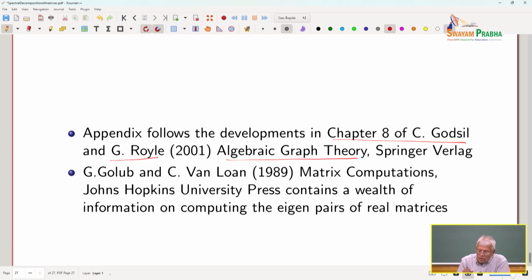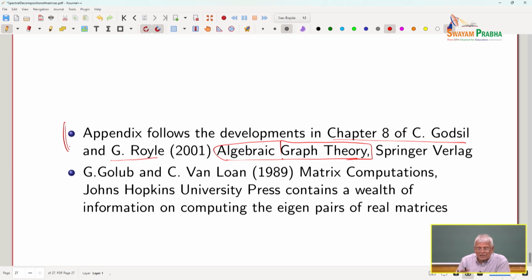Algebraic graph theory deals with properties of graphs using matrix representations of graphs. This is a very nice book if you want to learn about applications of matrix theory to graph theory. But in this course, we are interested in application of linear algebra to data science problems.